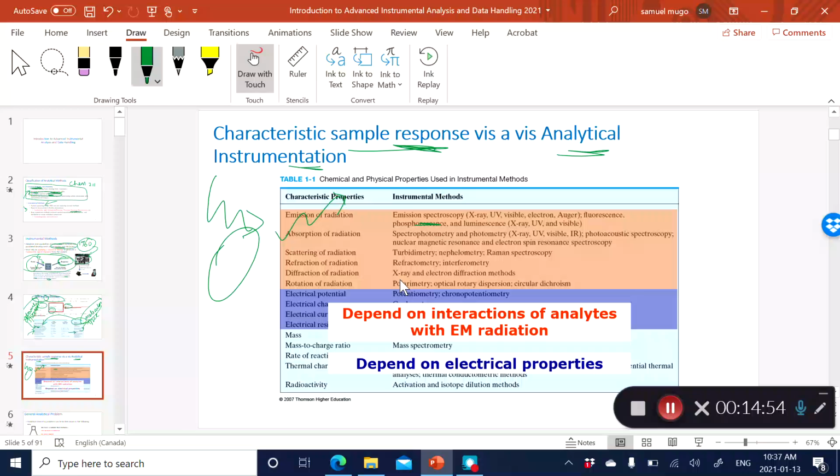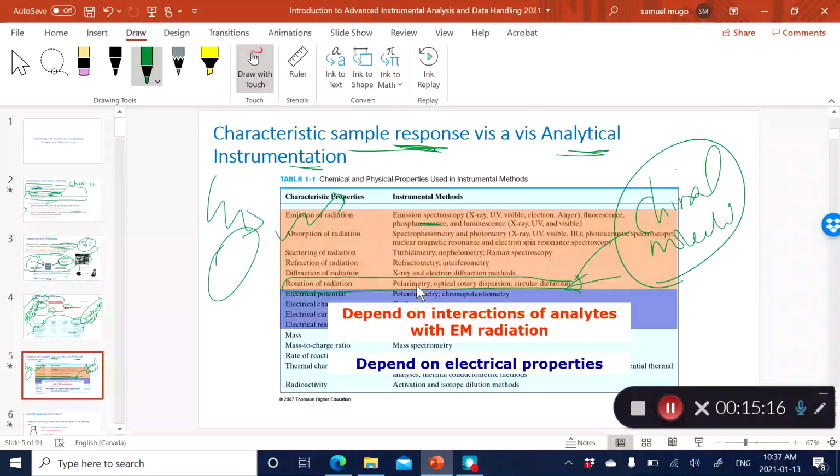And in that case, you can have a technique such as polarimetry, or even something like circular dichroism, which is actually a very important technique in organic chemistry, where you're trying to measure the so-called chiral molecules, or enantiomers, because I think the R and the L type of enantiomer rotate polarized light in different directions. And so you can differentiate between two types of enantiomers.